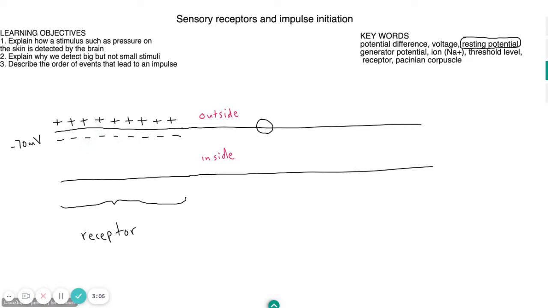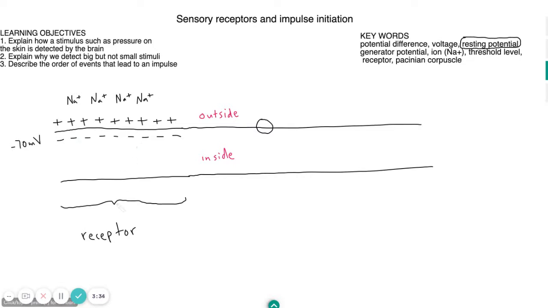And that's been set up because sodium ions, which have a charge of plus, have been pumped outside. Again, more detail will follow in the next video. So lots of sodium ions have been pumped out, and now we've got this potential difference of it being positive on the outside and negative on the inside, around minus 70 millivolts.